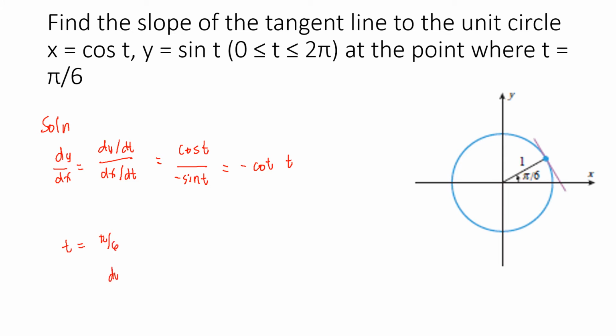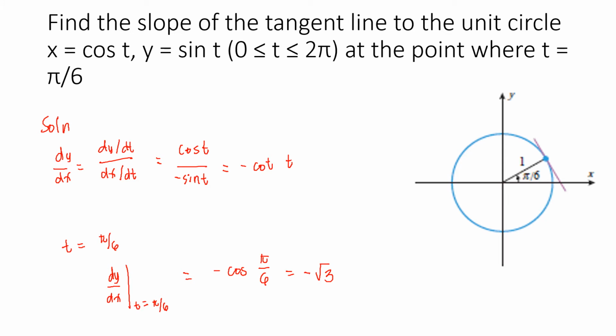Our dy over dx, where t equals pi over 6, can be expressed as negative cotangent pi over 6, which, as a special angle, is equal to negative square root of 3. So in other words, the slope is equal to negative square root of 3.